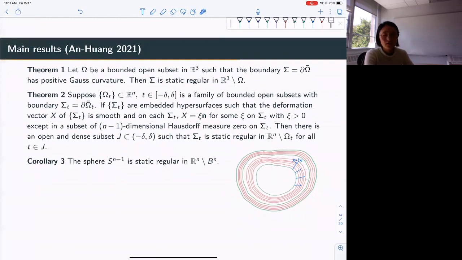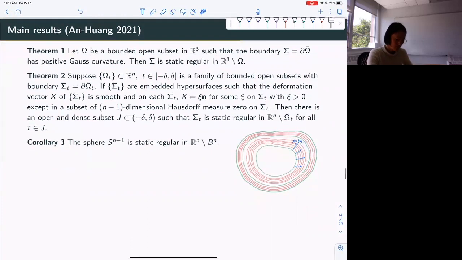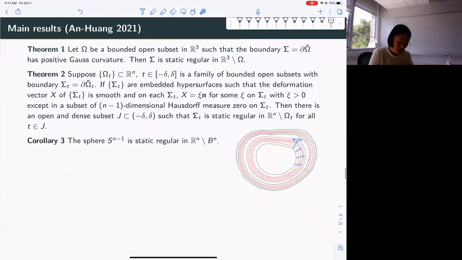And the second result says that in Rn, static regular surfaces are open and dense. In more detail, here's the picture: we consider a family of omega t, which are bounded open subsets, and their boundaries are a family of surfaces sigma t. They are embedded hypersurfaces in Rn.